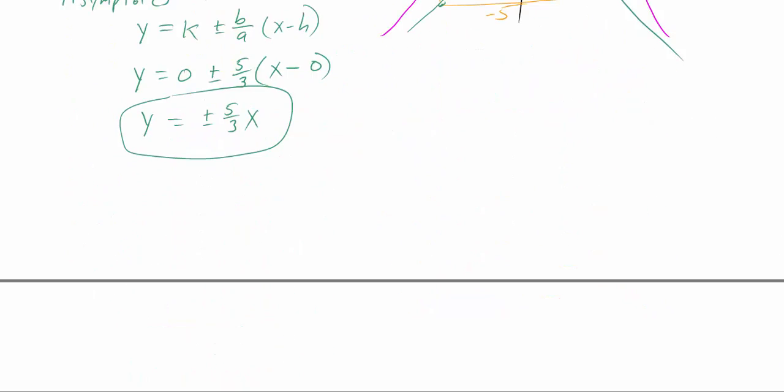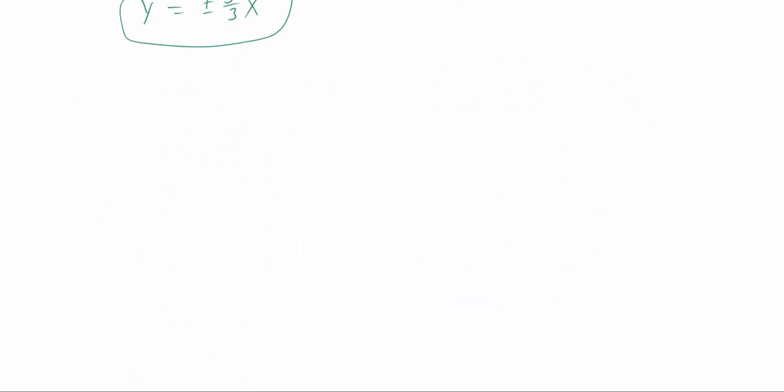All right, so let's look at our next example. Let's say that we have the equation y squared over 25 minus x squared over 81 is equal to 1. Now for this one, we first again want to determine, is this going to be vertical or horizontal?